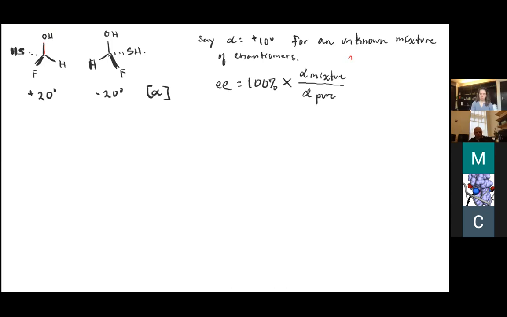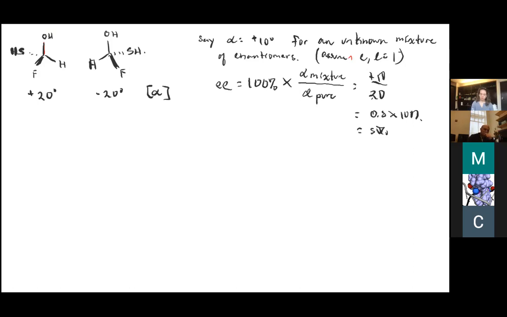Okay, and we're going to assume C and L both equal 1, so I don't have to apply any corrections. So this would just basically be plus 10 over 20, which equals 0.5 times 100% is equal to 50%. So that would be 50% EE.